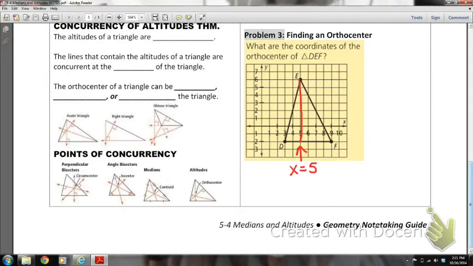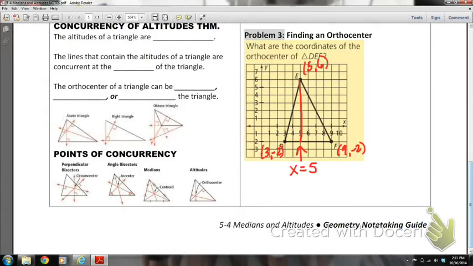So let's look at the coordinates of the points. The coordinates of D are 3, -2. The coordinates of F are 9, -2. And the coordinates of E are 5, 6.